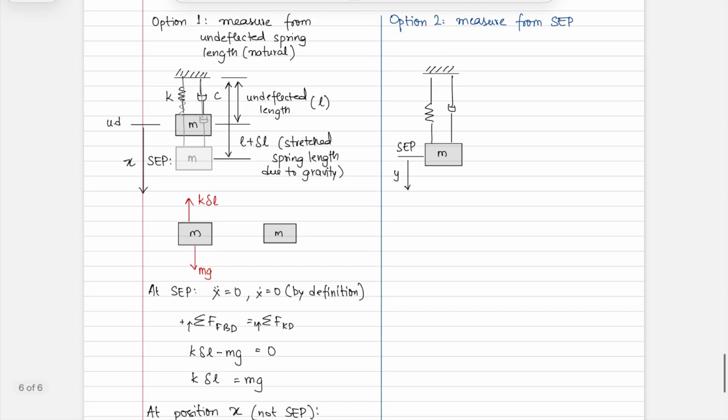Okay, so what is the net stretch in the spring at some position Y? Is it equal to Y?